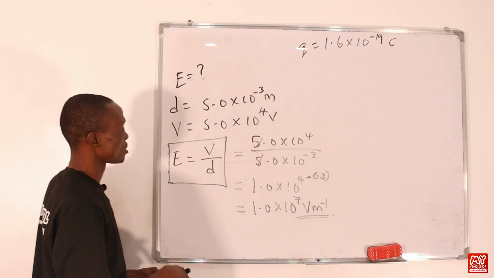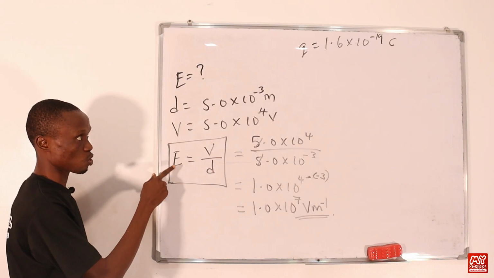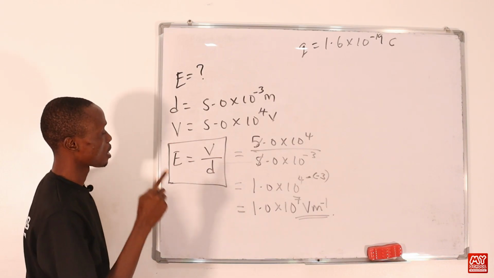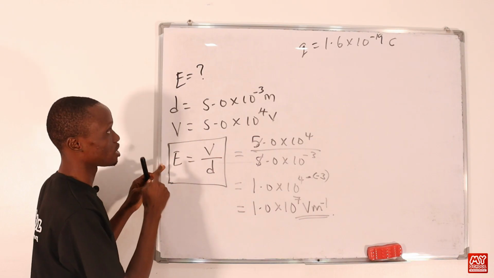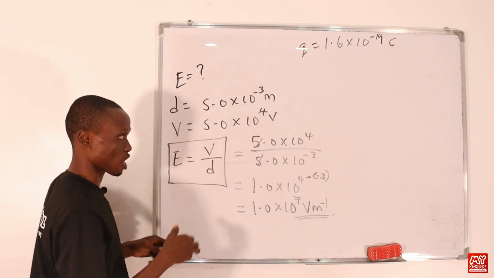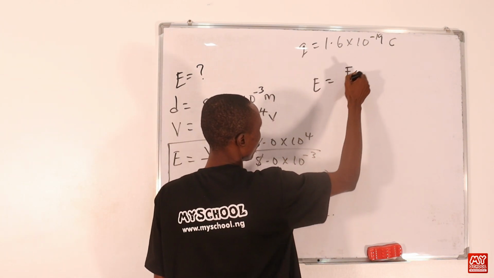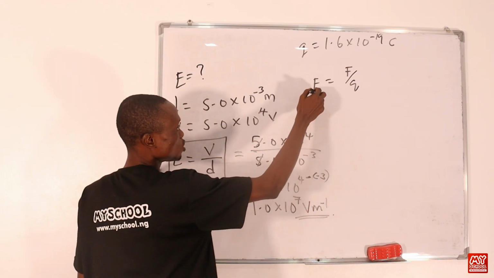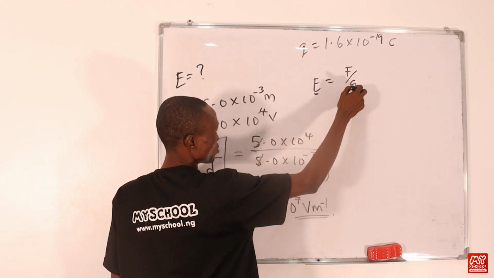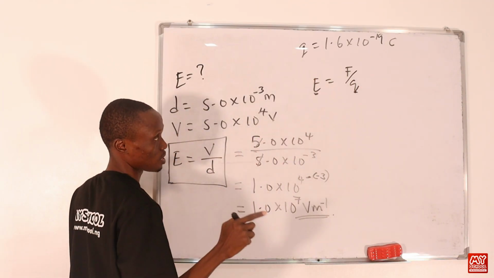But remember that in the first question, we actually calculated for electric field intensity. So we already know electric field intensity. And there is a formula connecting electric field intensity, force, and charge, and that is E is equals to F all over Q. So since we know this value and this is given to us, we can calculate for F. And F here represents the force on the electron.